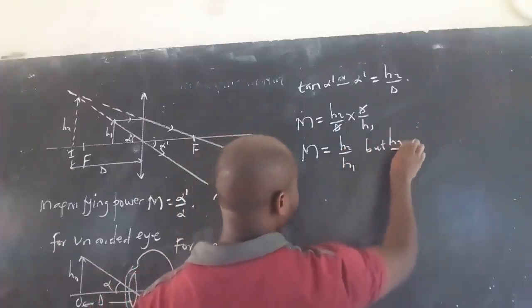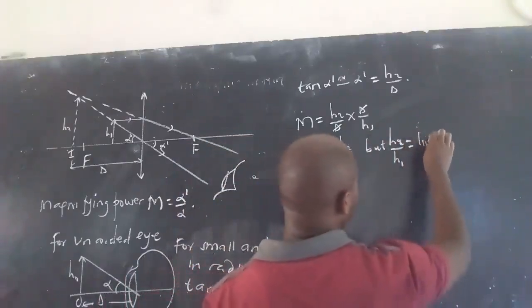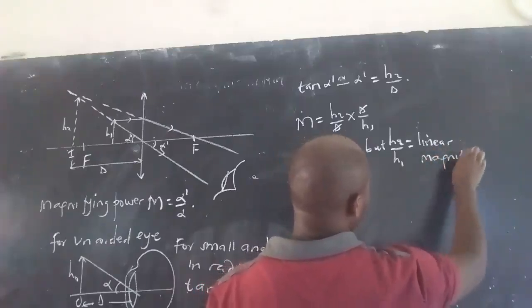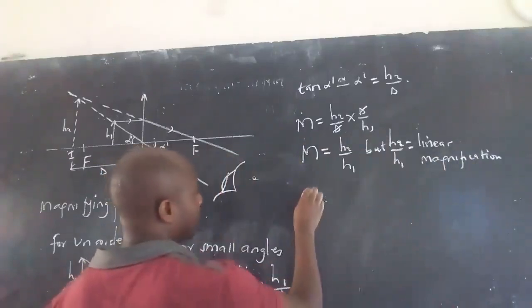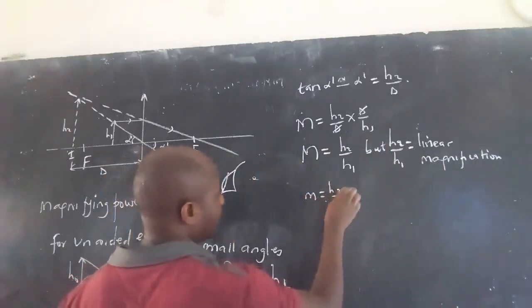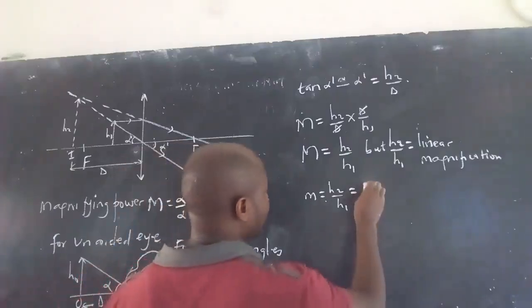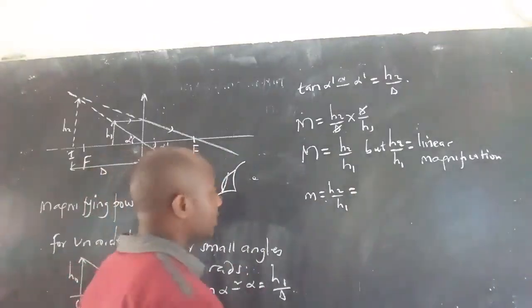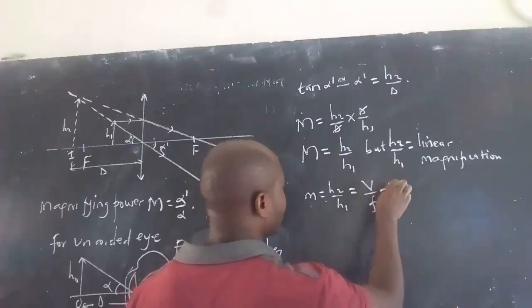But H2 over H1 is equal to linear magnification. So linear magnification is equal to H2 over H1, which gives us, remember from 1 over F equals 1 over U plus 1 over V, this term is the same as V out of F minus 1.